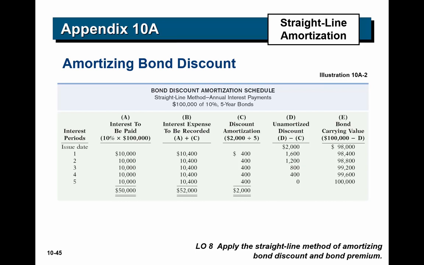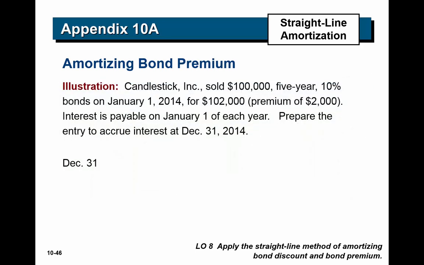The difference between the face value of the bond and its unamortized discount is called the carrying value of the bond. So if it's a $100,000 bond with a $2,000 discount, at issuance it's going to have a carrying value of $98,000. As we amortize that, the carrying value increases until it finally reaches the face value at maturity. So that's how you amortize a discount.